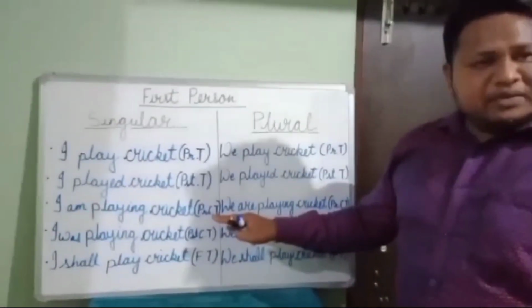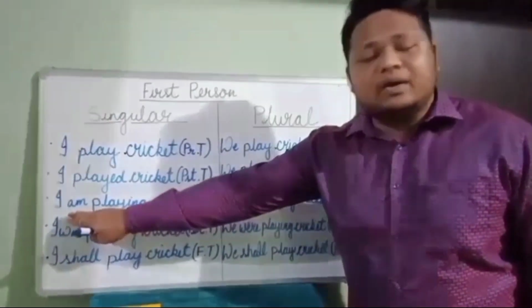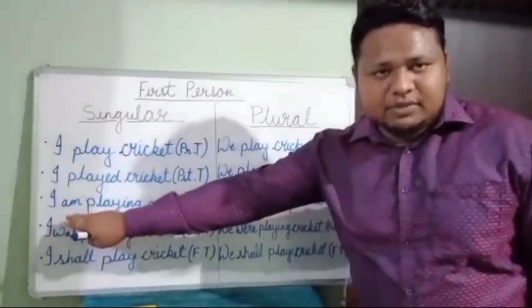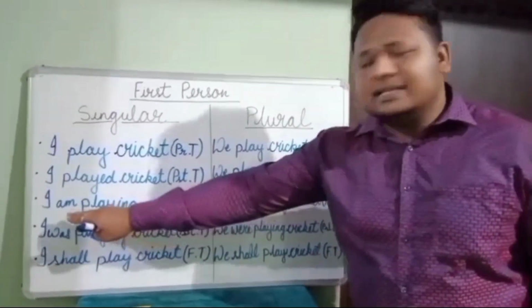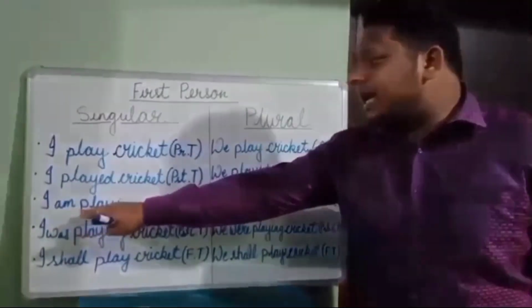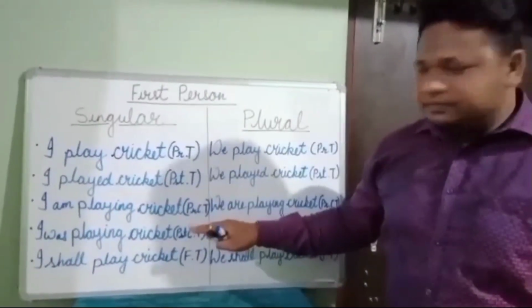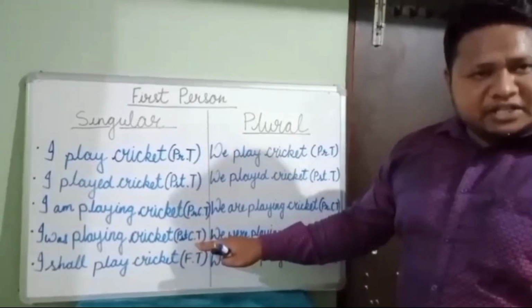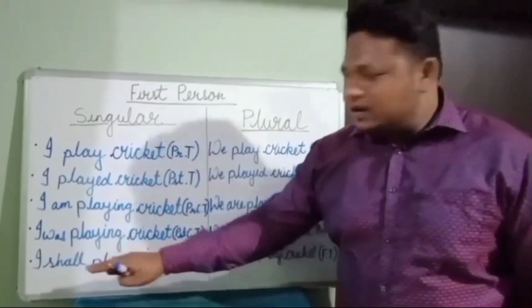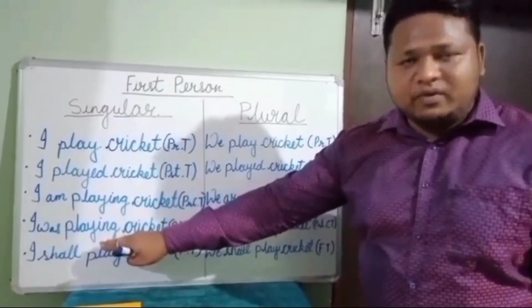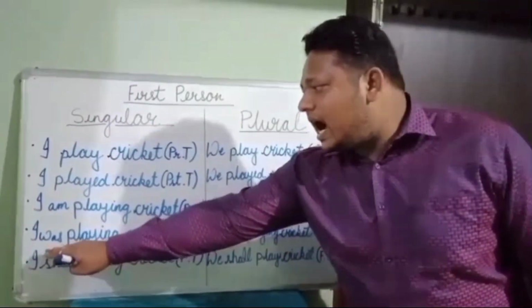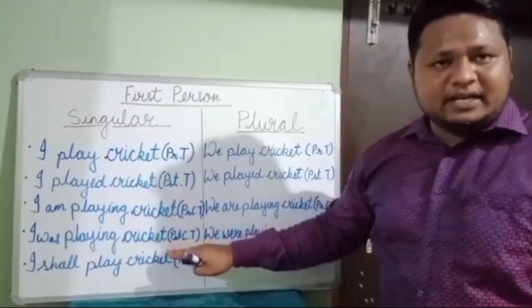In present continuous tense we add an auxiliary verb am and the fourth form of verb, and the sentence becomes "I am playing cricket." In past continuous tense, the auxiliary verb was is used with the fourth form of verb: "I was playing cricket."